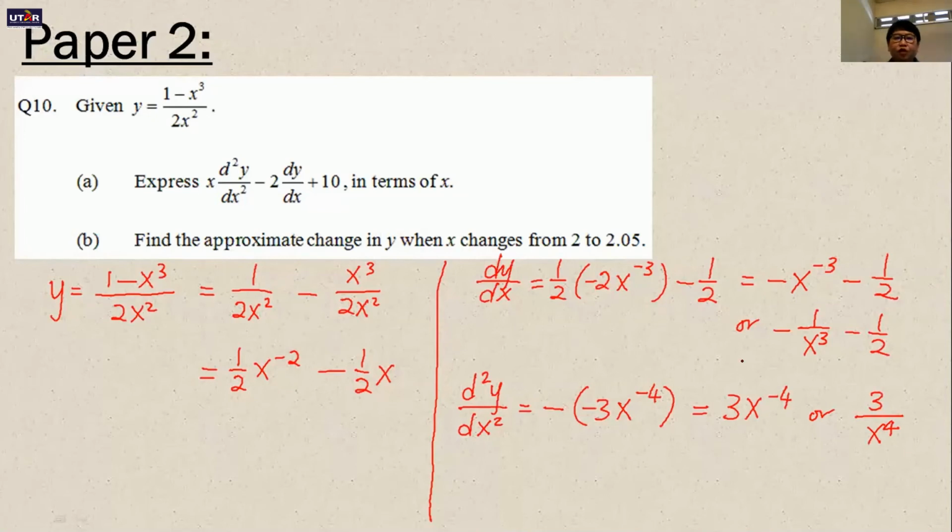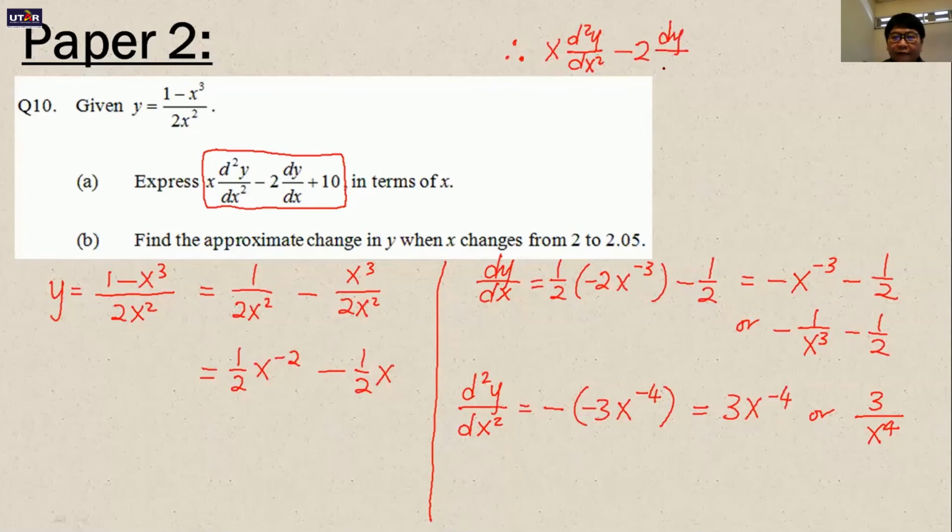Okay? So substitute into the given question. Right? So it means x times the second derivative minus 2 times the first derivative plus 10.